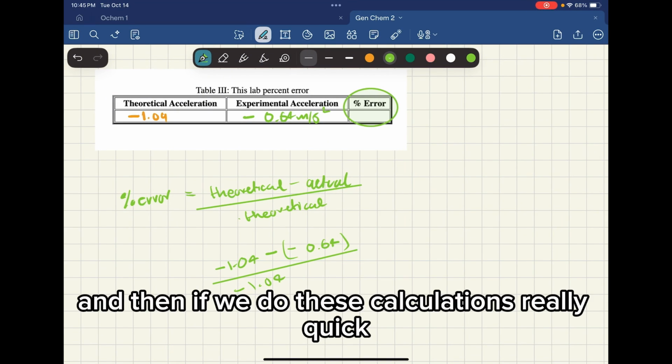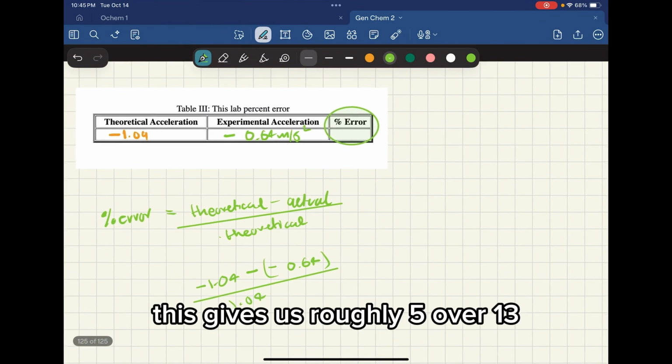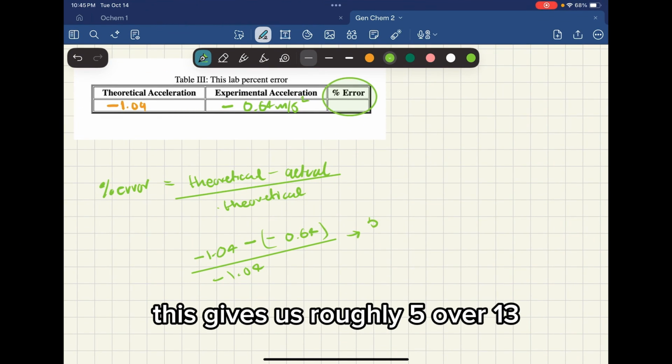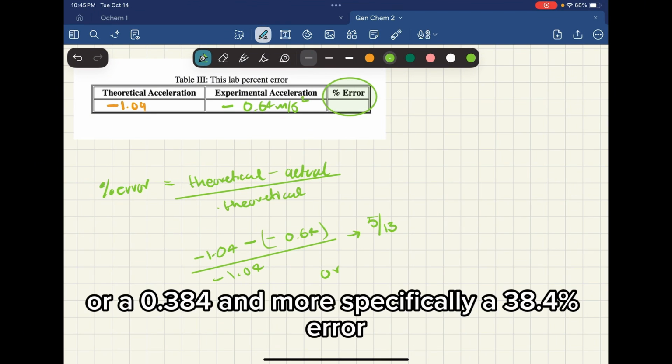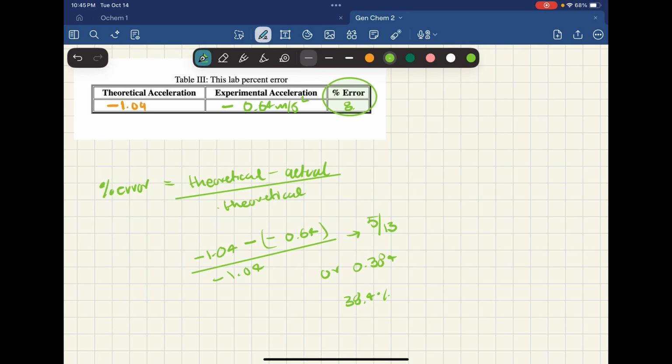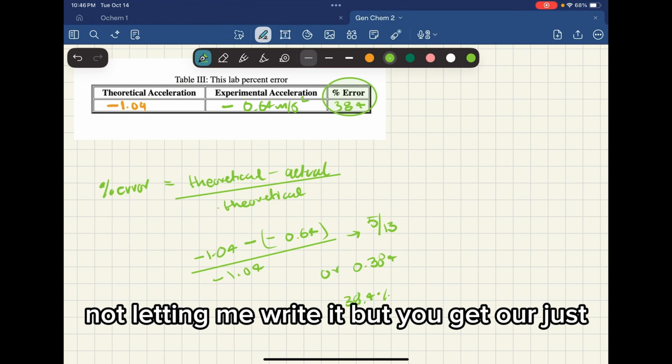And then if we do these calculations really quick, this gives us roughly 5/13, or 0.384, and more specifically, a 38.4% error. I'm not letting you write it, but you get our gist.